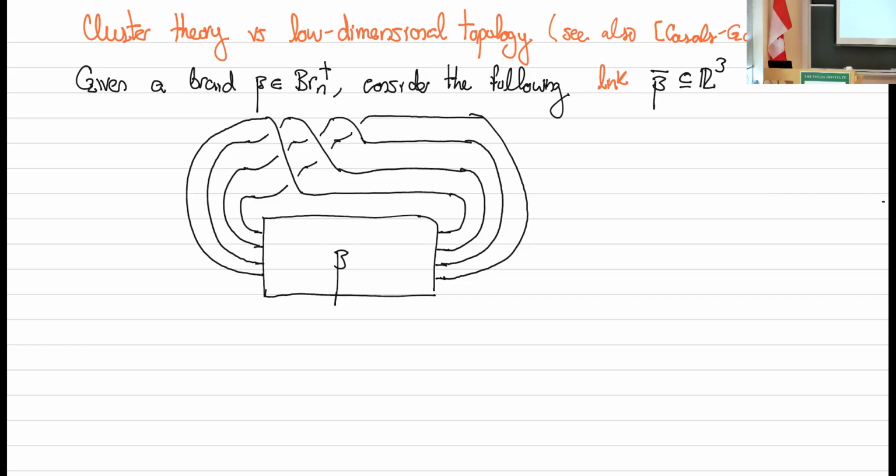Most people just close this on top without crossings. Here, I want to reverse the strands. And the reason I do that is because remember that I start here with the standard basis read in positive order, and here I read in the reverse order. And this accounts for that. Okay?